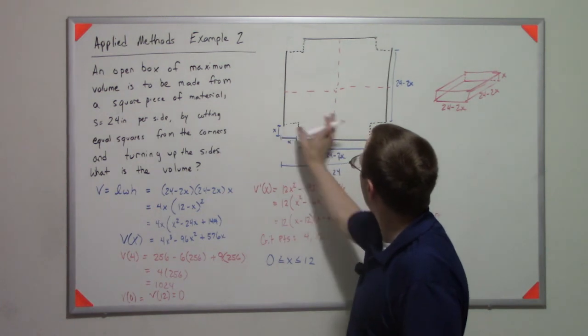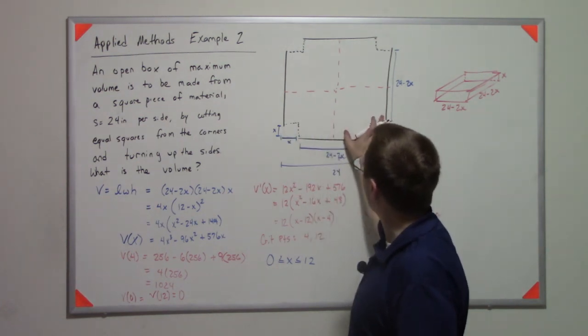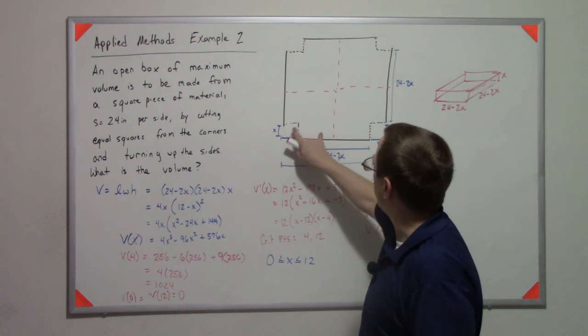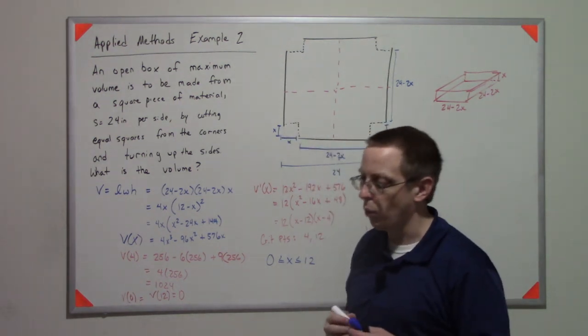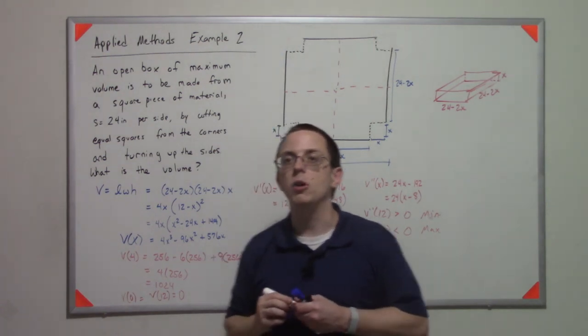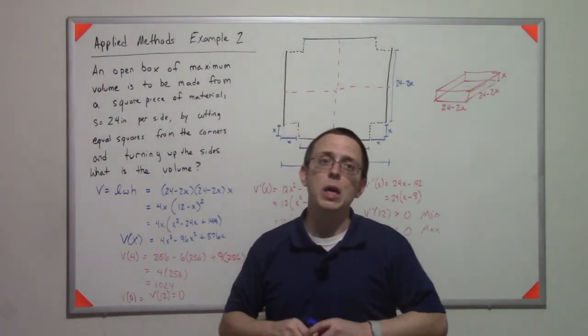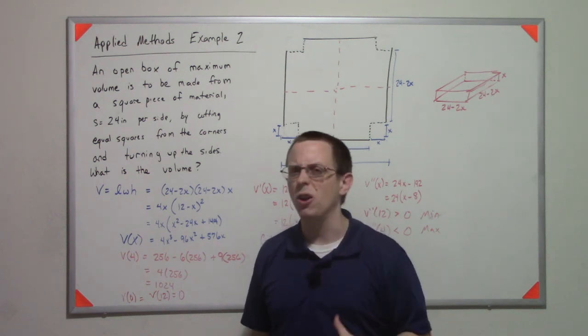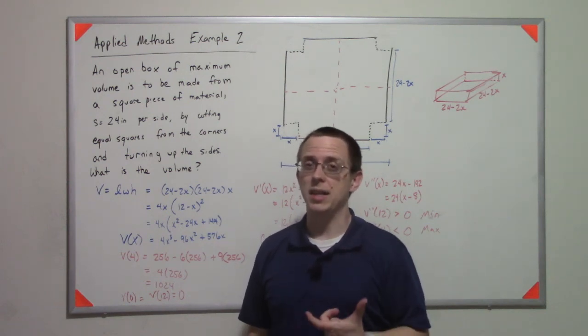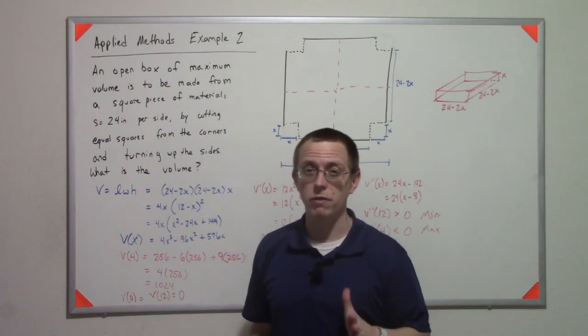So I have 4, 4, and 4, or rather 8, 8, and 8 because of that. If I cut 4 off of each side, then I end up with something that's actually more like a cube. What you find a lot of times is maximal volumes happen with squares, cubes, where the sides end up being equal. That's a very, very common thing.